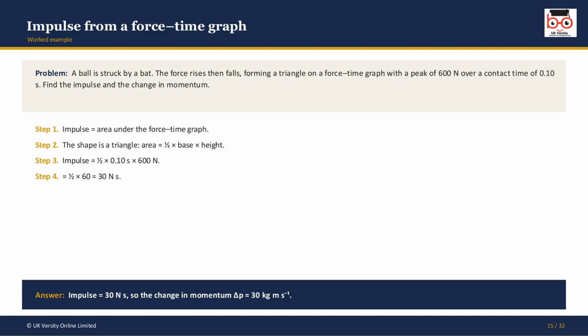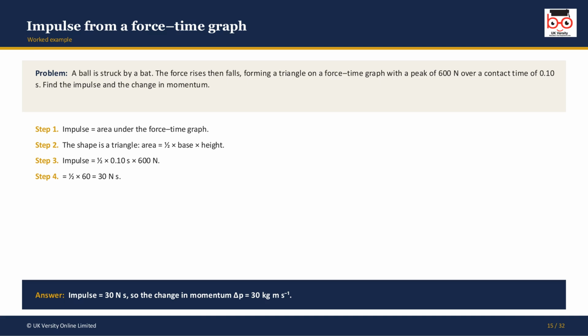Let's read an impulse straight off a graph. A ball is struck by a bat, and the force rises, then falls, tracing out a triangle on the force against time graph, peaking at 600 newtons over a contact time of 0.10 seconds.